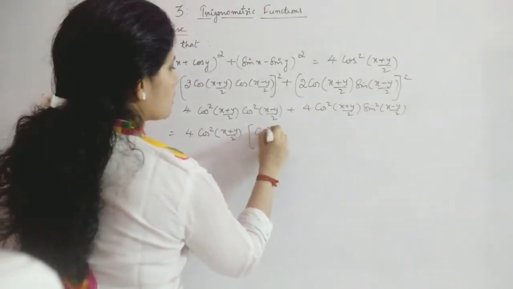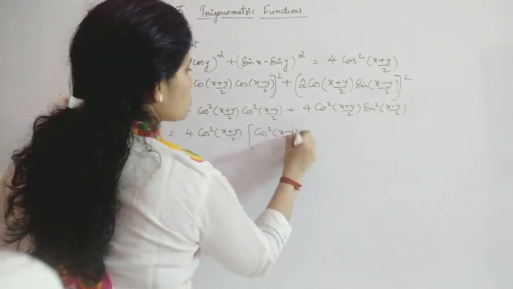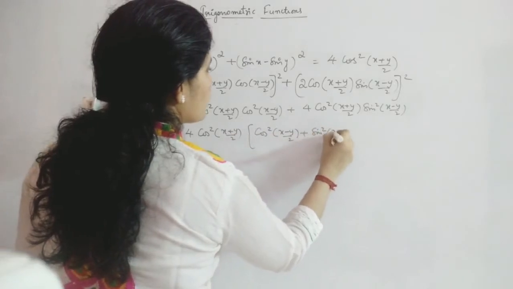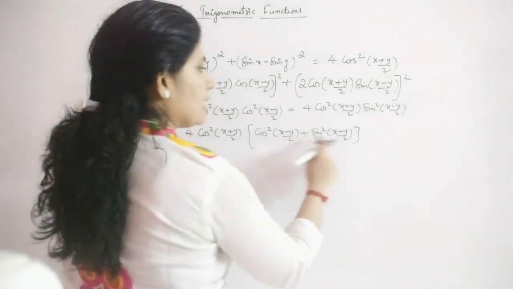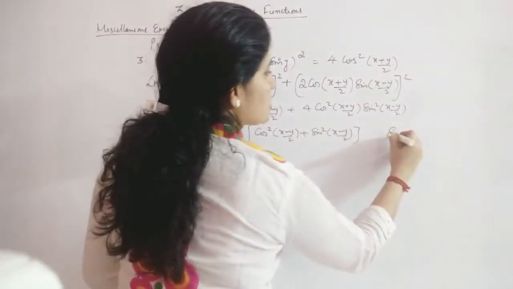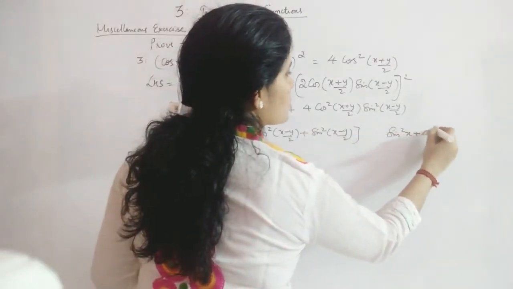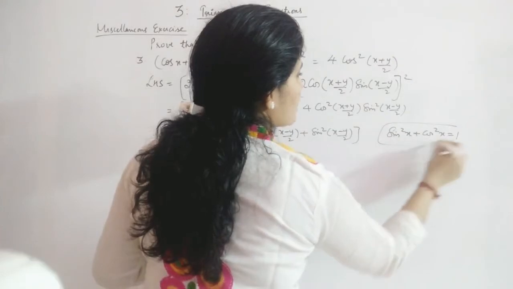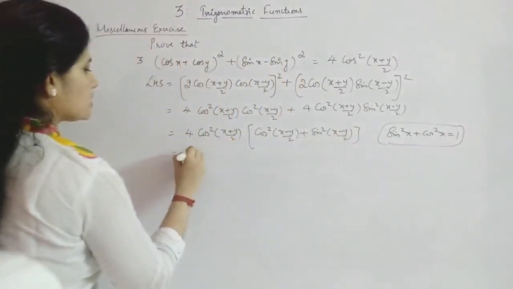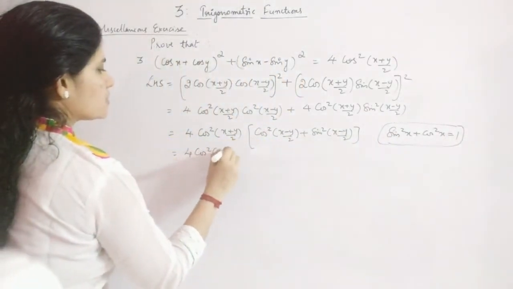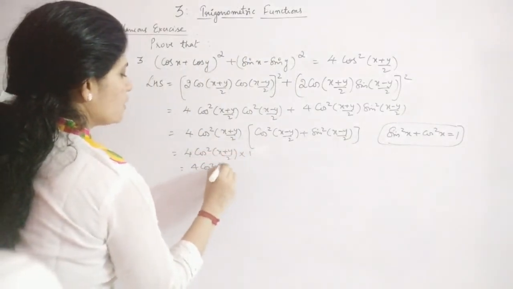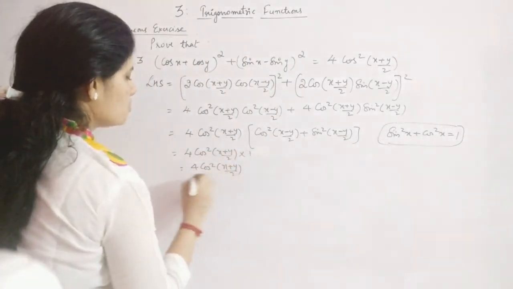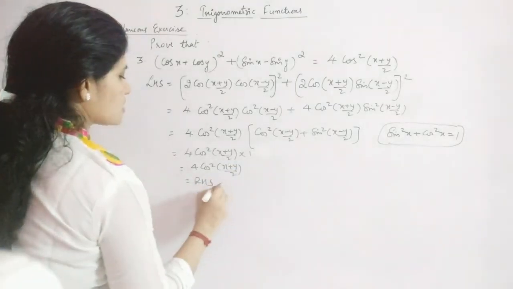Remaining part is your cos square of (x minus y) by 2 plus sin square of (x minus y) by 2. And we know that for any angle, sin square x plus cos square x is equal to 1. So applying that property, you will get this to be 4 cos square of (x plus y) by 2 into 1, which is 4 cos square of (x plus y) by 2, which is your RHS.